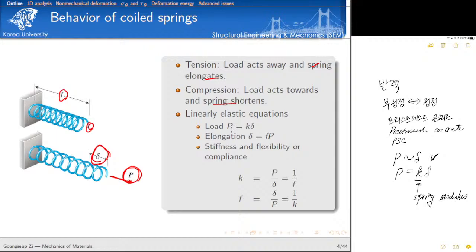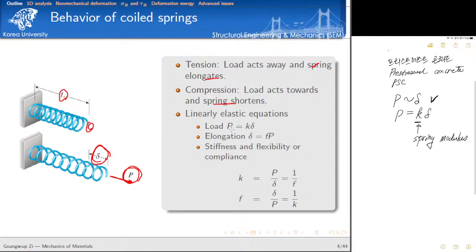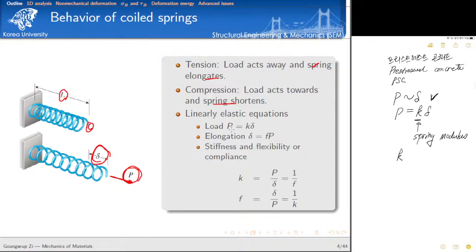The spring modulus is defined as the applied load P divided by delta. Another way, we can define the compliance. Compliance in this problem is defined as the inverse of the spring modulus.